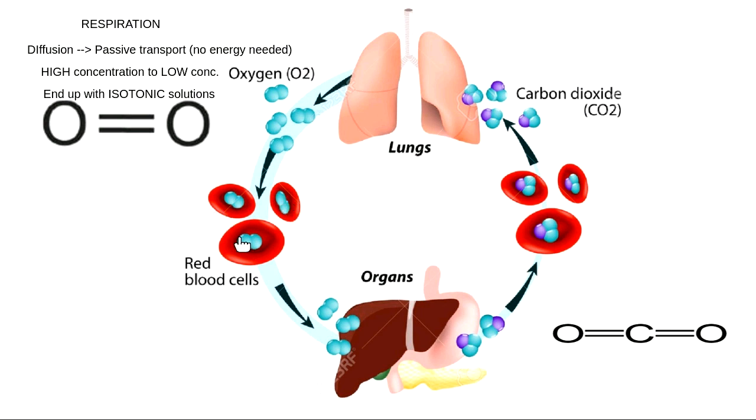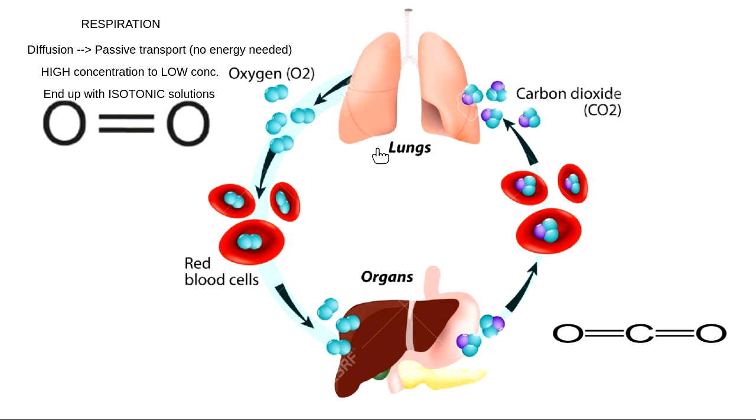Now, based on the fact that respiration is the process of diffusion, so based on the fact that things go from where there's a lot of them to where there's a little of them, would we say that the red blood cells or the lungs have a higher oxygen content? Based on the direction oxygen moves, where do I have more oxygen? The lungs or the red blood cells?